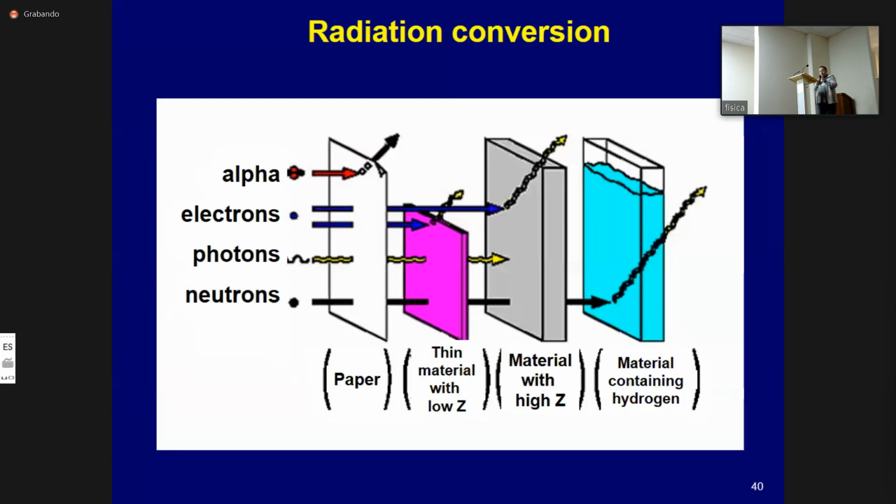A couple of words about transformation. The interaction of radiation with matter can lead to a radiation conversion. Heavy charged particles: if an alpha particle interacts with a light nucleus, its energy can be converted into the energy of a neutron, which appears in the alpha-n reactions.